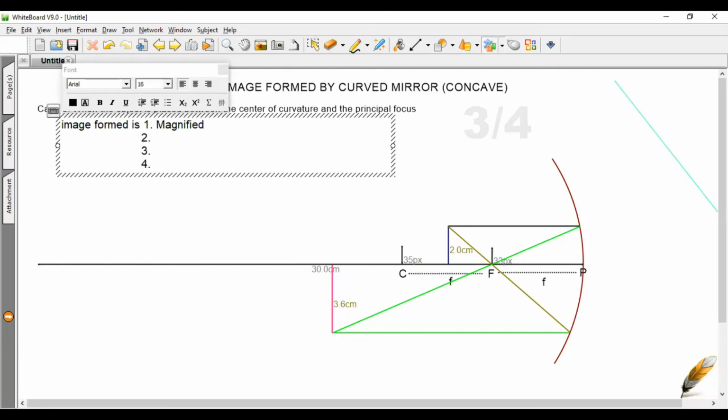Okay, image is larger than the object, magnified or enlarged by the mirror. Then what's the second case? It is still real. Okay, all the images are still real at this point. Then it is still inverted. This is very easy. It is still inverted.